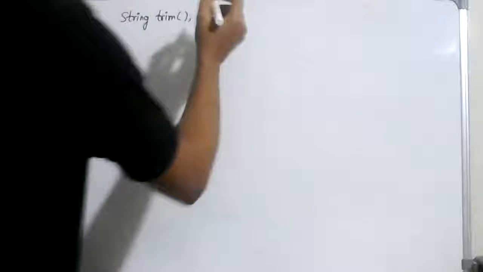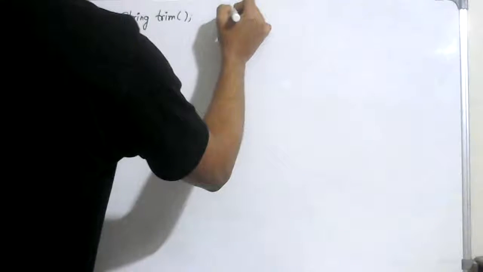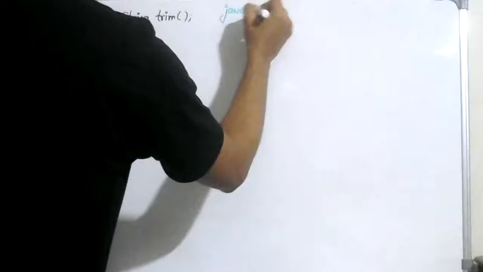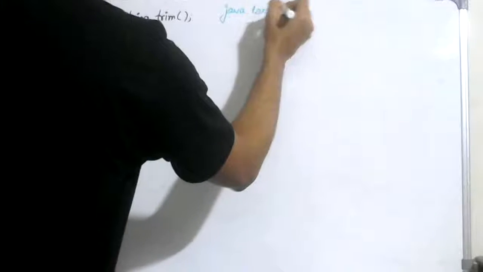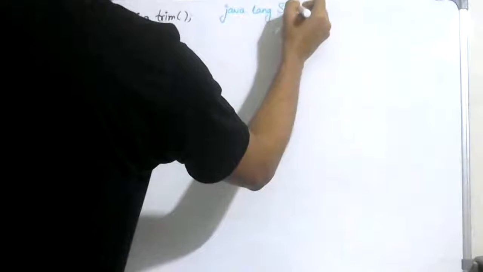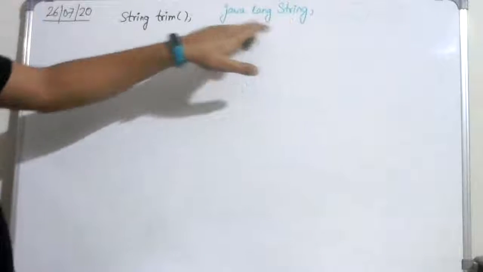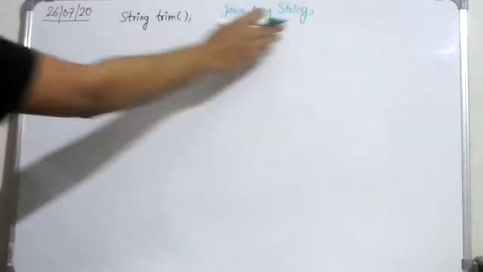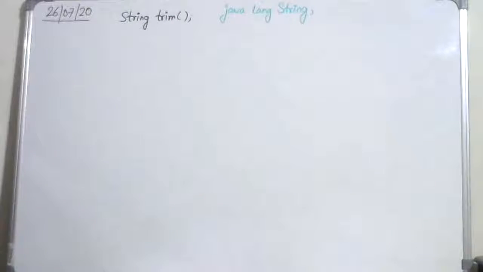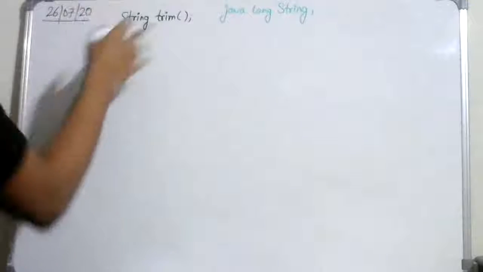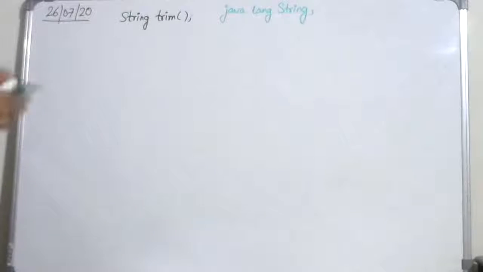It is a part of the java.lang package. java.lang.String is the name of the class. So this string class is a part of the java.lang package, and we use the string class to define variables, and we also use certain functions defined inside the string class. Those are the functions that we are going to study now.